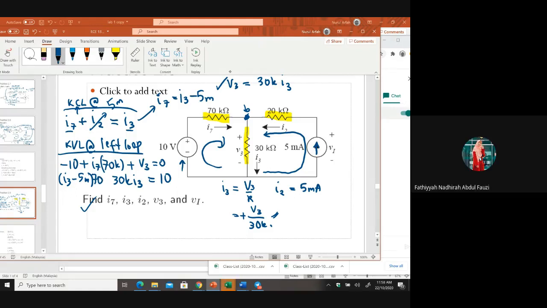Yes. Okay. Now you can do the math. 70K into I3 minus 350, and then plus 30K I3 equals 10. And since this one you can add, you have 360 there.